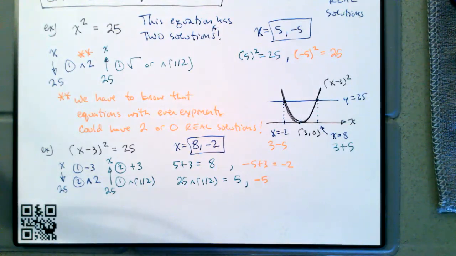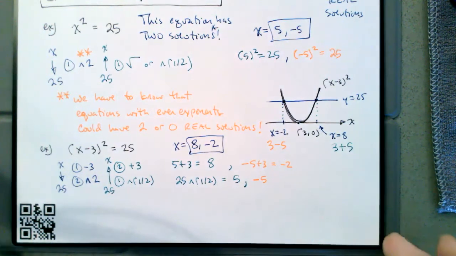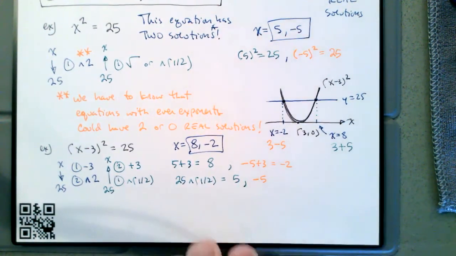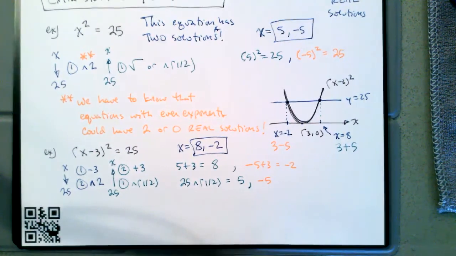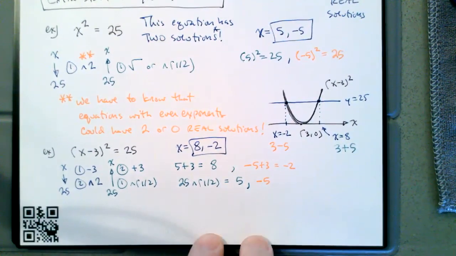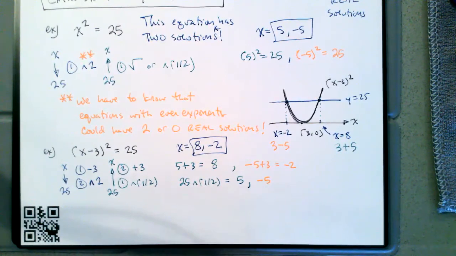So we can't just know, we have to know if our function is going to produce any kind of weirdness. So notice that I specified that if x squared equals 25, there are possibly 2 real solutions or 0 real solutions.